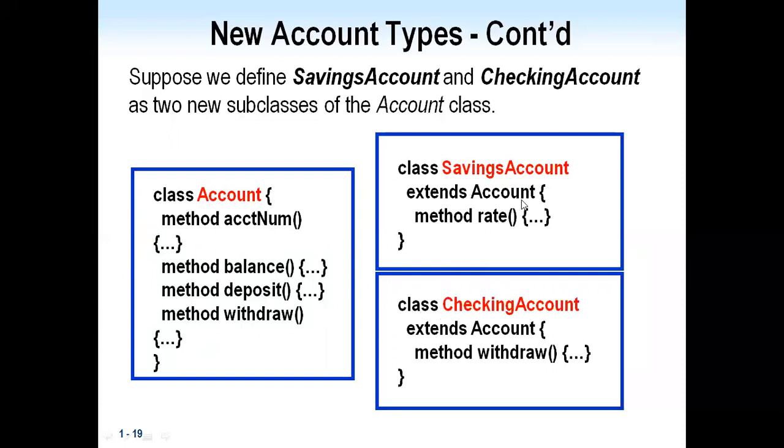It extends the account, meaning the saving account uses the operations and properties of the account, which is the superclass. Next, checking account also extends the account, so checking account uses the properties and operations of account.